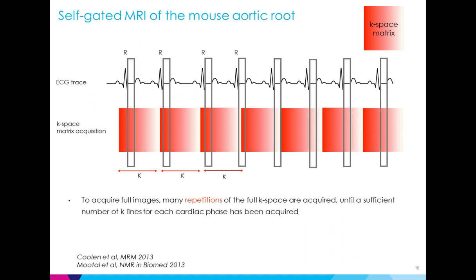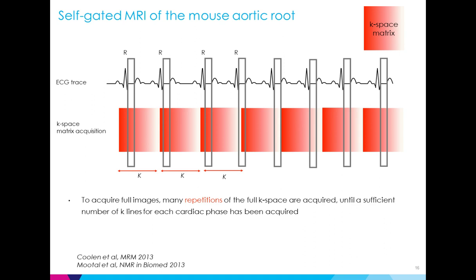the approach is to acquire the full K-space matrix many, many times over many, many heartbeats, until a sufficient number of K lines to fill each cardiac phase has been acquired.